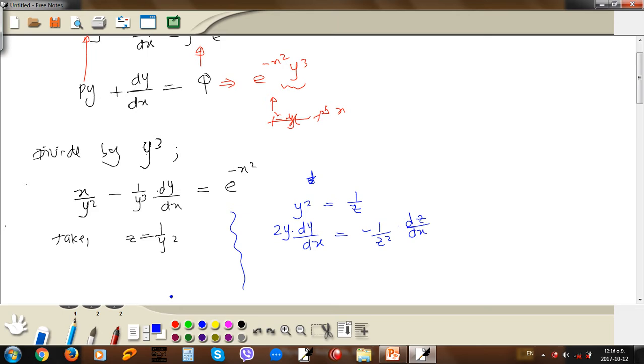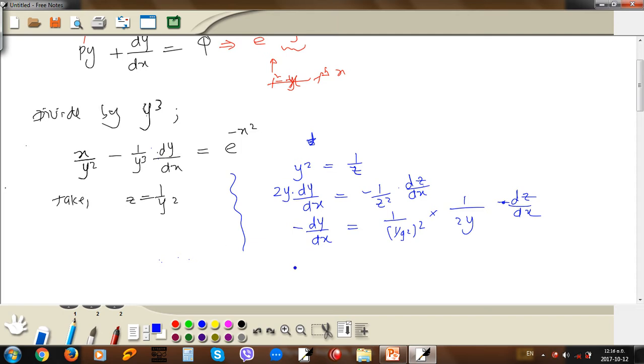I differentiate that. Now here we have minus dy by dx, no? So I take minus dy by dx equals 1 over z, meaning 1 over y squared, and then the 2y comes from there, so 1 over 2y times dz over dx, right?